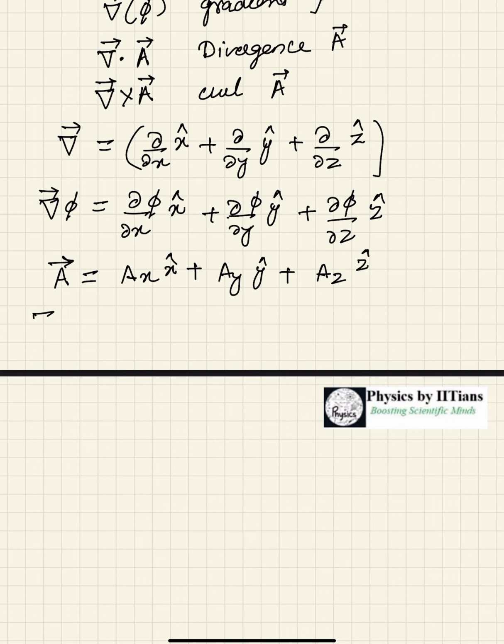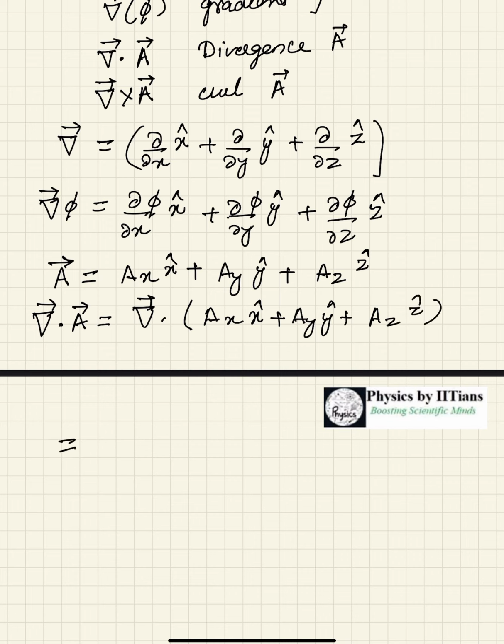Then if you find the divergence of this vector, so this will be del operator taken dot product with the vector field A. So you can write this divergence as del ax over del x plus del ay over del y plus del az over del z. So this is the divergence.